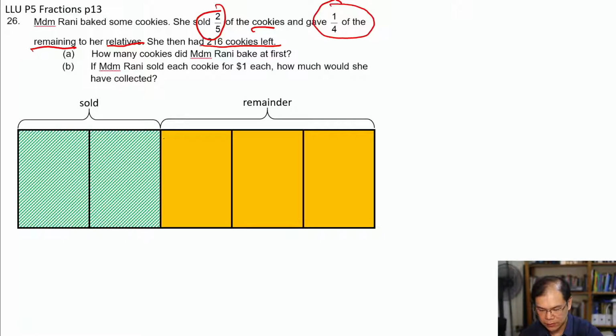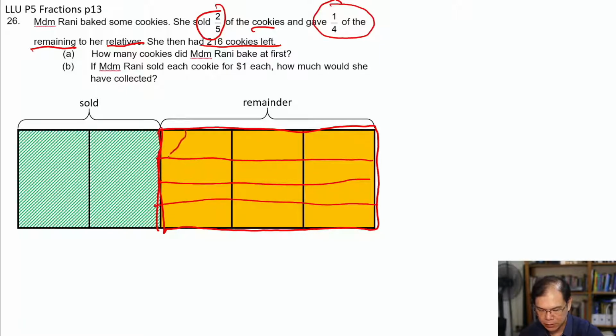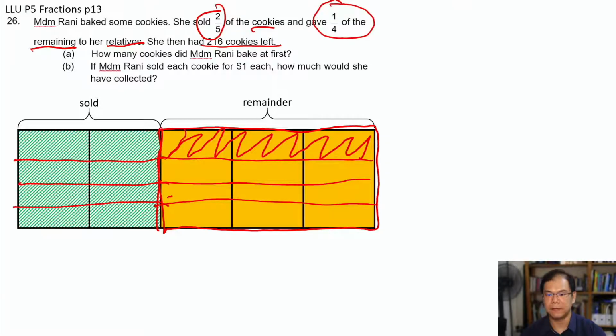Okay, so if this is 1/4, now I can't. I would draw like this, right? This is 1/4 of the remainder. And if I do this, means I also have to draw like this, right? So that every unit is of the same size. Okay.